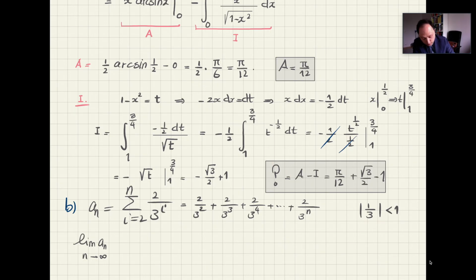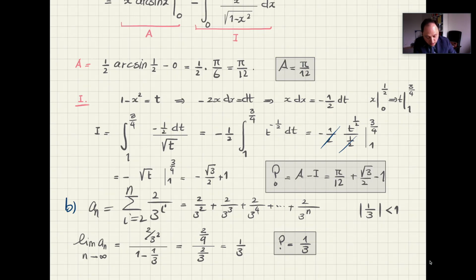If you know the formula, the limit becomes the first term, which is 2 over 3 to the power of 2, divided by 1 minus the common ratio, which is 1/3. If I calculate this, it becomes 2/9 over 2/3, and that becomes a third. So the question mark for this one is 1/3.